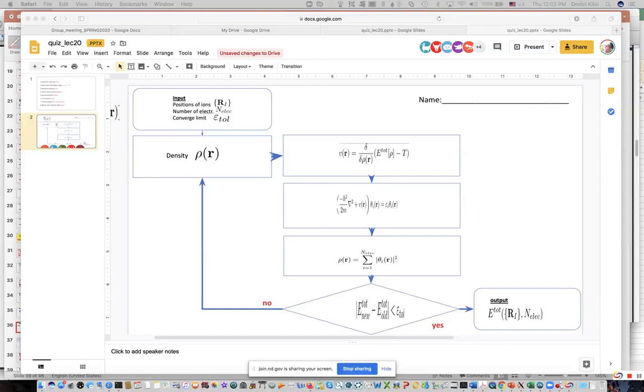But I would like to congratulate you all. As a class, you did a brainstorming technique and you redesigned the Kohn-Sham procedure of density functional theory. So each of you is now a certified algorithm designer, and you can just hire some professional programmers and teach them how to write code that will do density functional theory calculations.